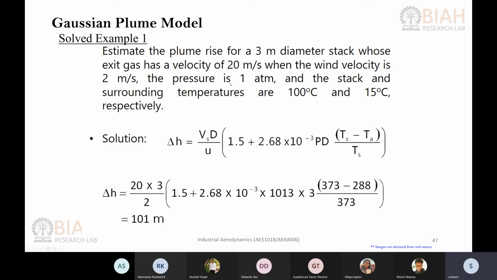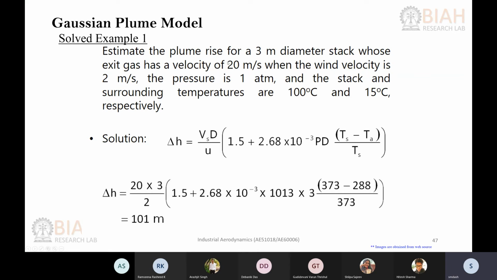The pressure is 1 atmosphere, and the stack and the surrounding temperatures are 100 degrees Celsius and 15 degrees Celsius. So basically you need to find out the plume rise height. For that, you need to use this Holland formula. Here all the information is already there.